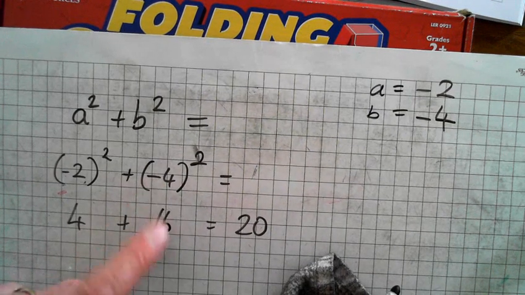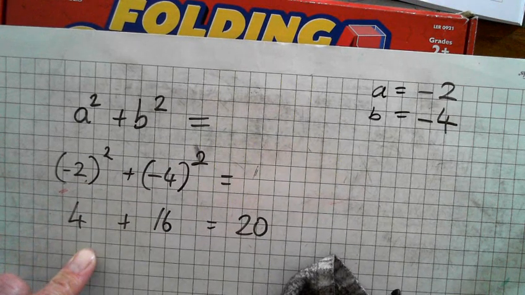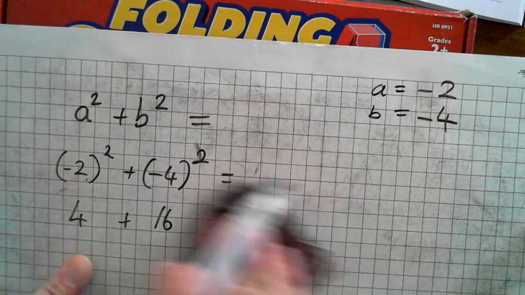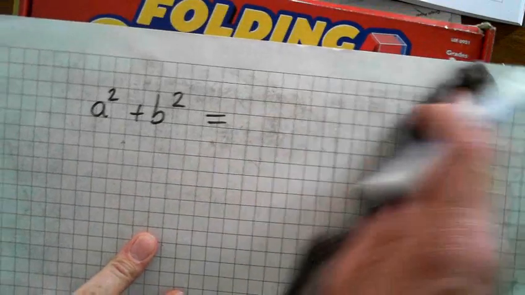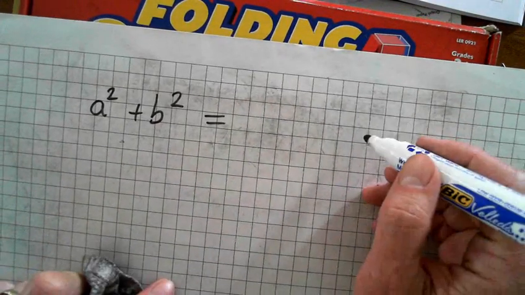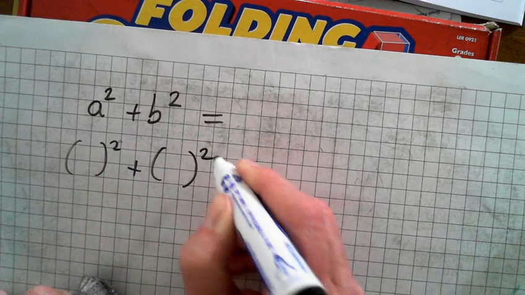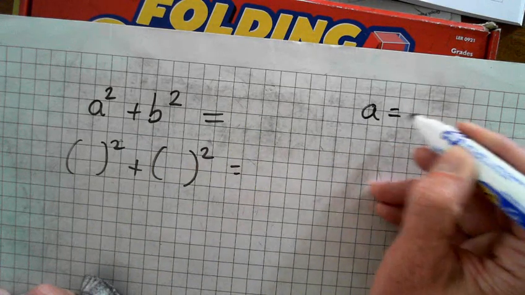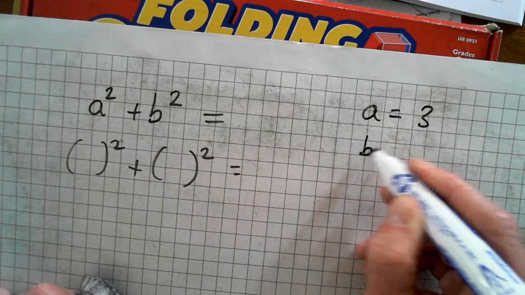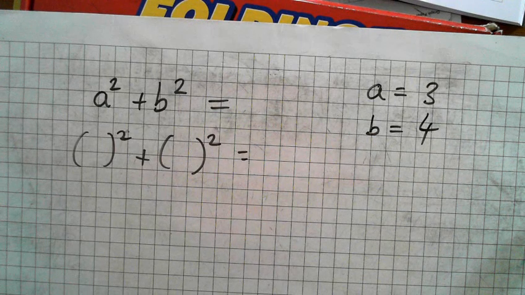It's minus 4 times minus 4 is 16, and minus 2 times minus 2 is 4. Right, here's another one. It's going to be a slightly easier one. A is equal to 3, B is equal to 4. Do that one because it's important for the next bit.